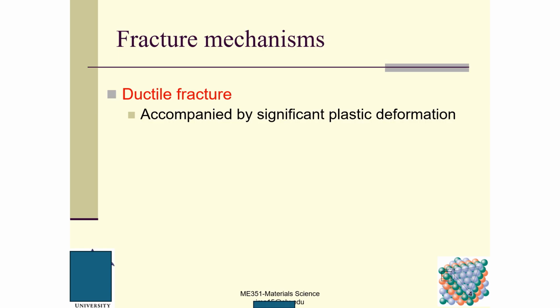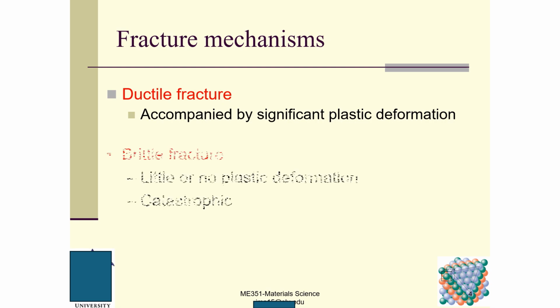On the contrary, the specimen will experience plastic deformation at the very beginning. Then, as time goes and the loads grow, there is plastic flow, and finally it breaks. Another category is brittle fracture.